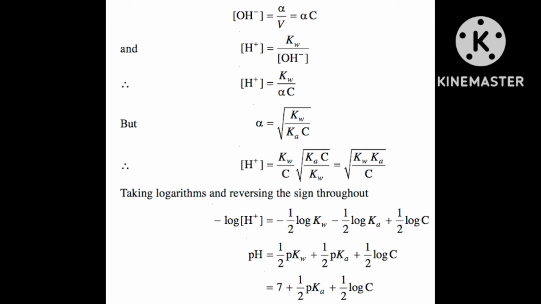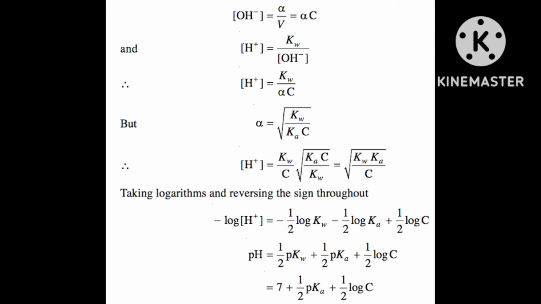Its pH can be determined by the pK values. The formula is pH is equal to 7 plus half of pKa minus pKb, the difference of both divided by 2. pH = 7 + (pKa - pKb)/2. Okay, this is the formula.